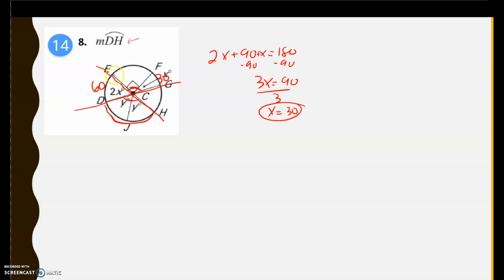So if I can figure out what the measure of arc EG is, that's going to be the same thing as DH. Well, the measure of arc EG is going to be 90 plus 30, which is 120. So the measure of arc DH is going to be equal to 120.